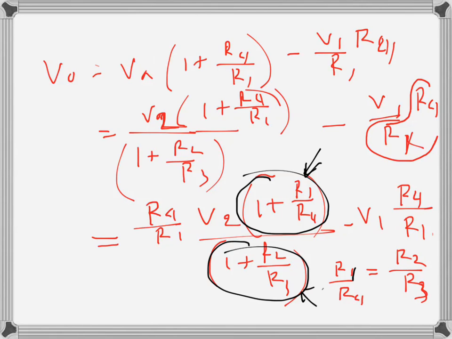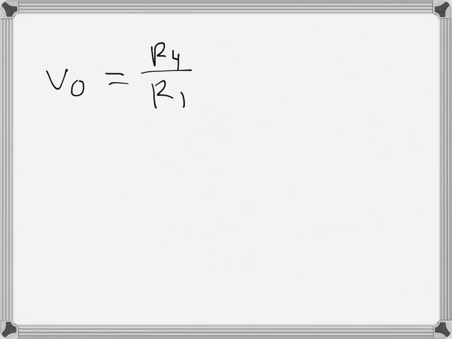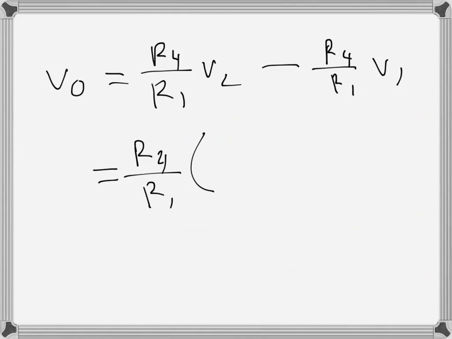So our expression now becomes V naught equals R4 over R1, which stays there because we are just talking about ratios, times (V2 minus V1).